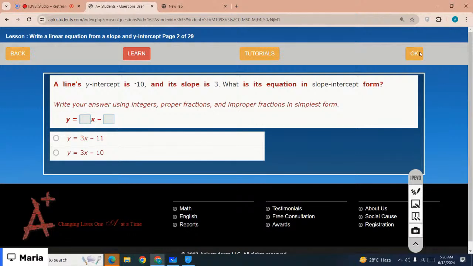A line's y-intercept is negative 10 and its slope is 3. What is its equation in slope-intercept form? So which is the correct option?